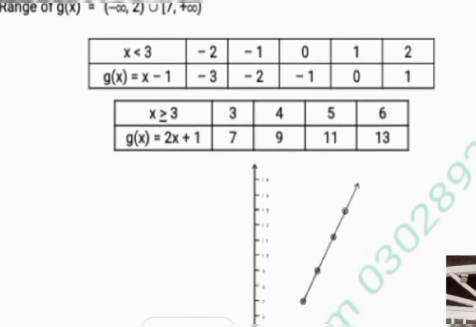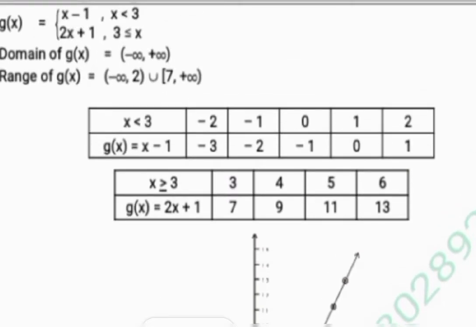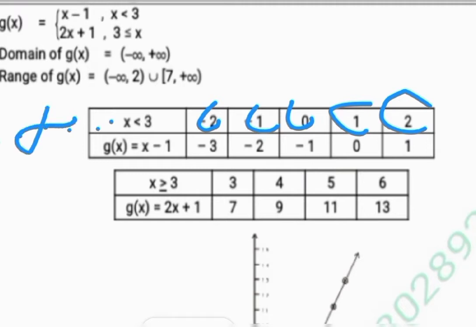Now first of all, I will tell you about the domain. As you see, less than 3: 2, 1, 0, -1, -3, and this process will be continued till minus infinity.